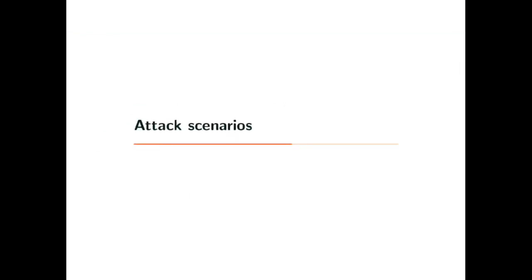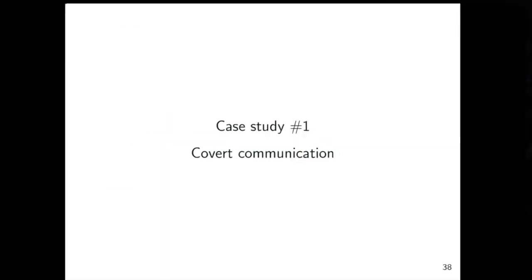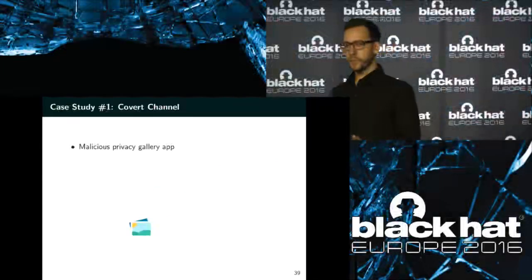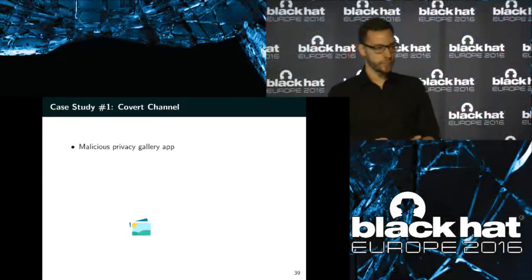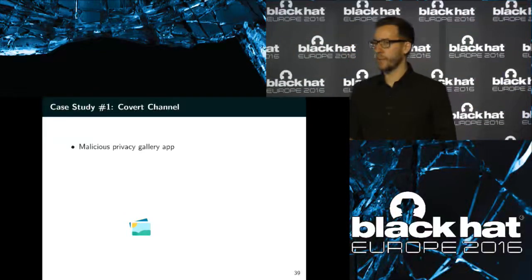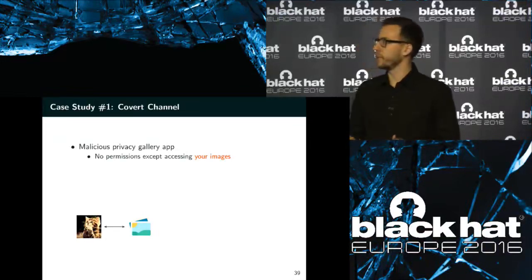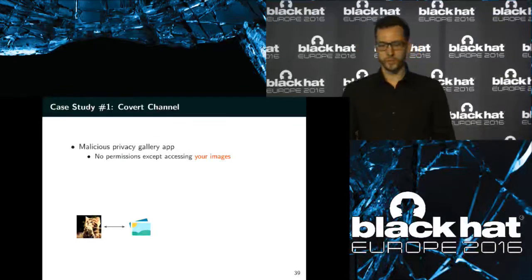And we want to present you some attack scenarios besides the demo that we've shown you in the beginning. So the first thing you can do is you can build covert communication. For instance, a user installs a malicious gallery application, and he is not suspicious when he installs this app, because the only permission it needs is to access the images. So it doesn't need internet access or to read the contact data of the user.